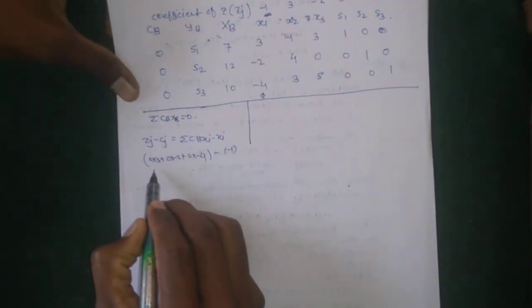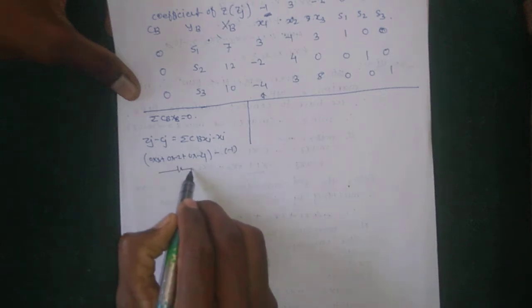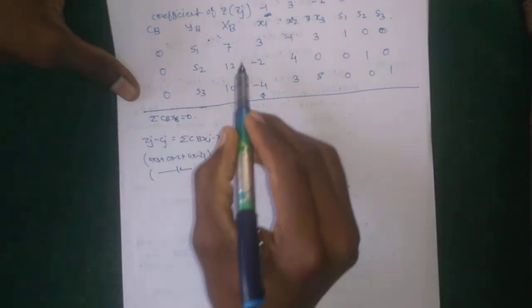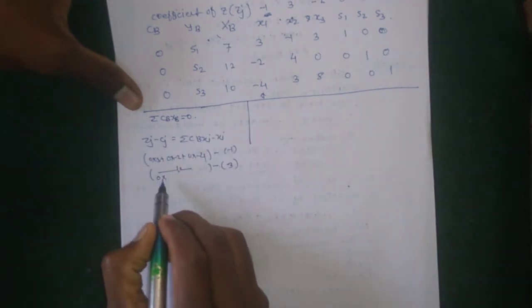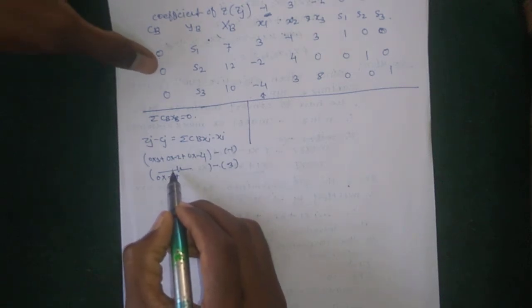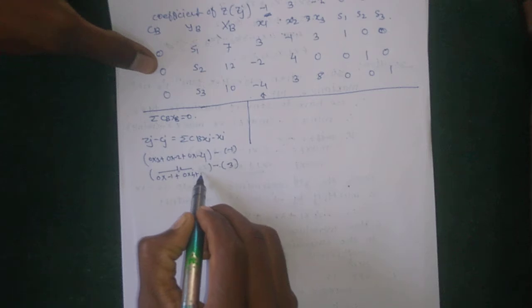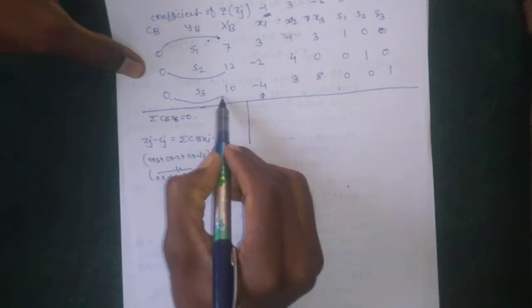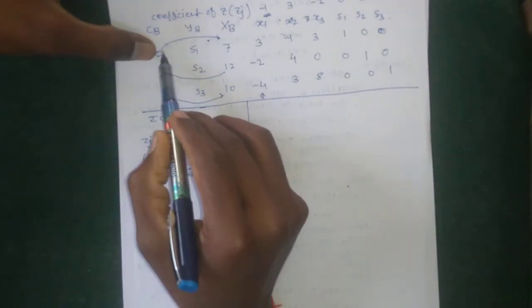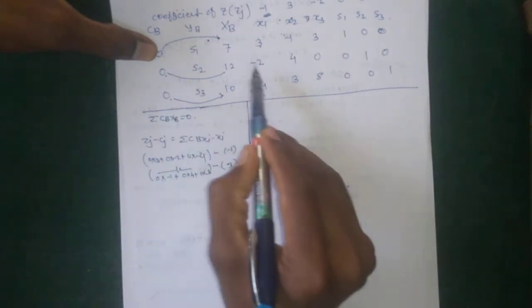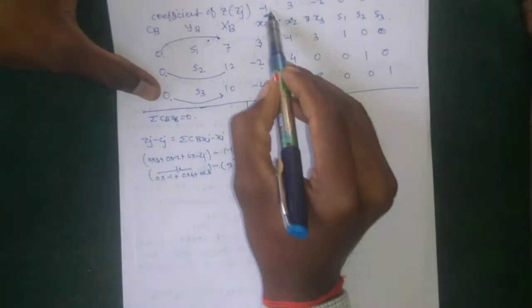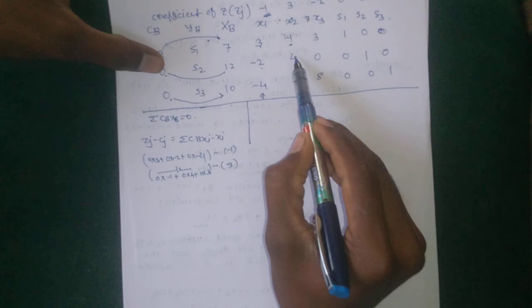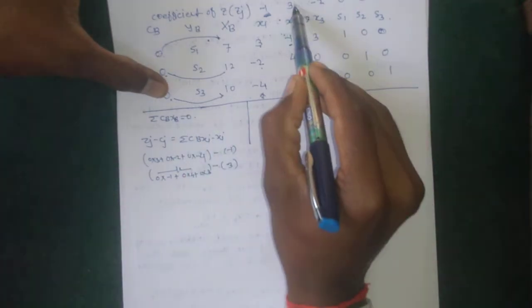For the second column, it is as it is, only here we have to change: 0 into minus 1 plus 0 into 4 plus 0 into 3, minus of this term.